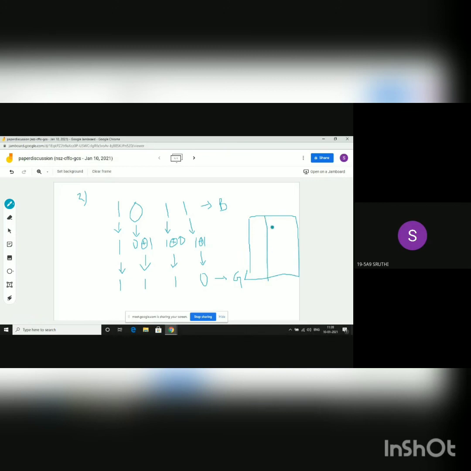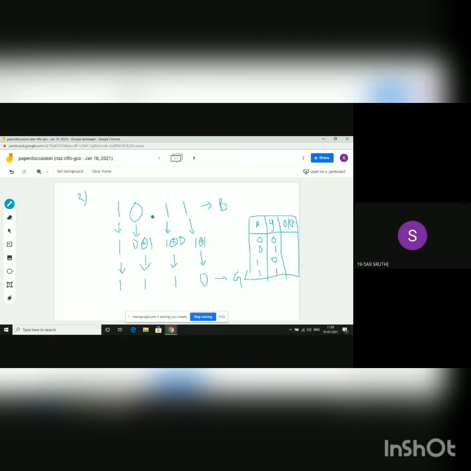Take two inputs, x and y, and let this be the output. We have 0 0, 0 1, 1 0, and 1 1.